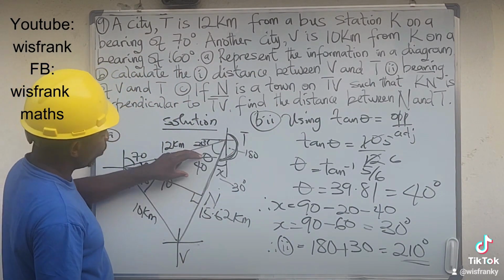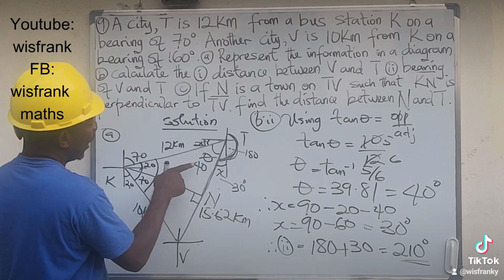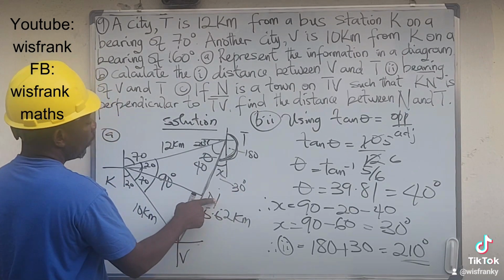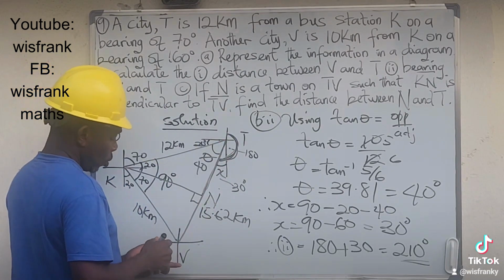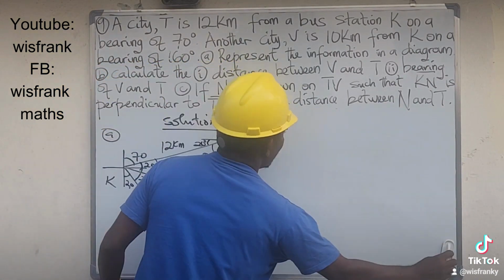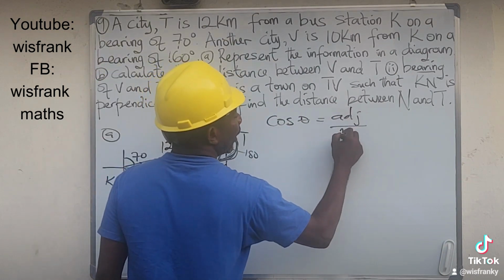To find this distance, what we are going to do is to use cos of this angle. Cos of this angle equals TN over KT. So let's illustrate that. For the C part, we'll use cos theta equals adjacent over hypotenuse.